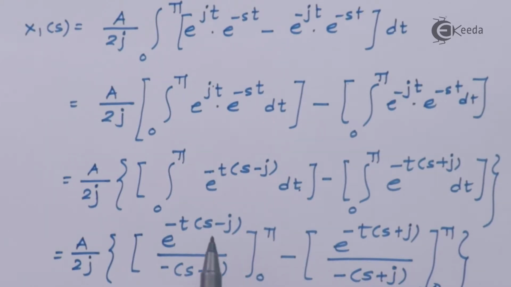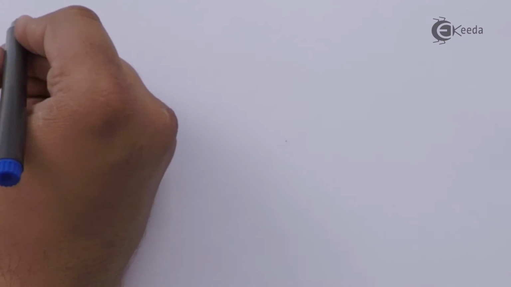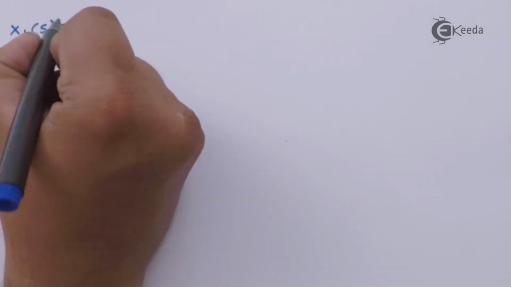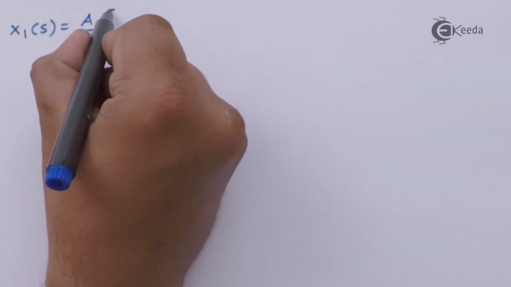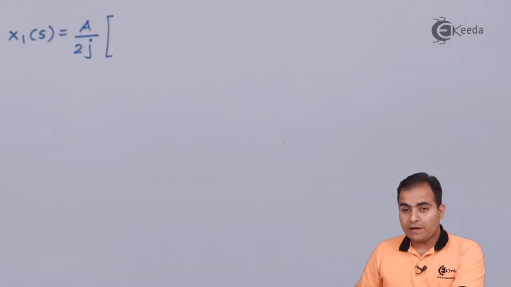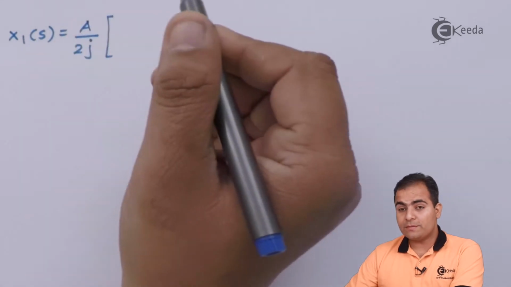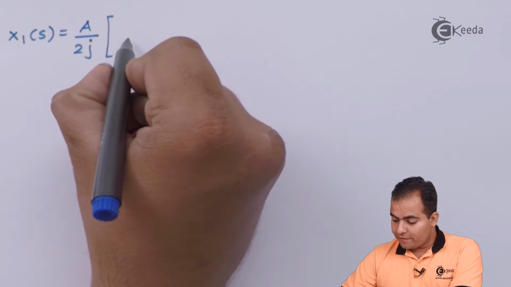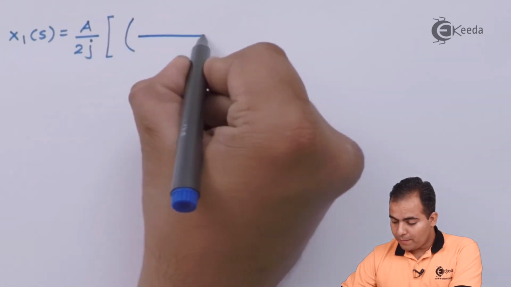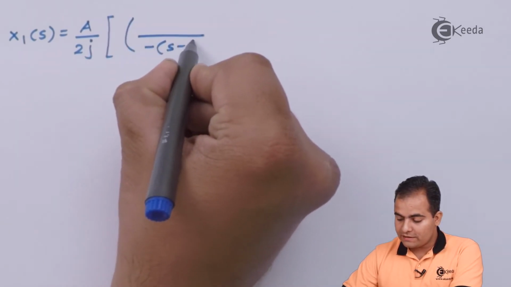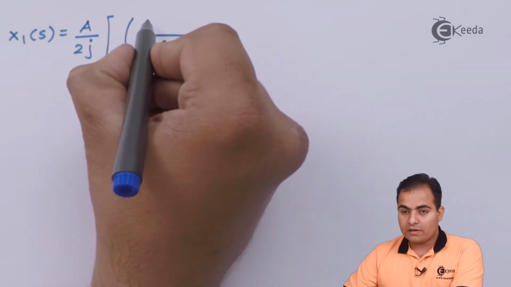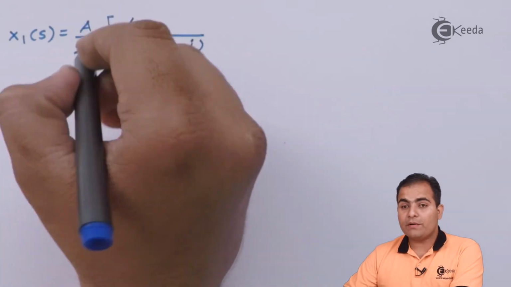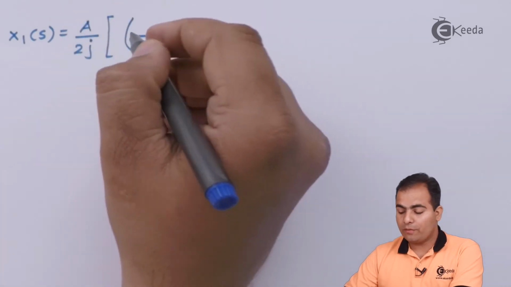Now I'll substitute the limits in both the parts. The upper limit was pi and the lower limit was 0. So our t is replaced by first of all pi, and then minus I am going to substitute the lower limit. So in the denominator we have minus of s minus j, and the t which is present in the power of the exponential will be replaced by the upper limit and lower limit one by one.